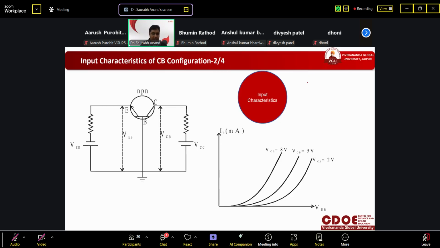Now the characteristics. Characteristics means there will be input characteristics. This is actually a graph. There are separate characteristics for input as well as output. We will draw which versus which, and which will be constant.